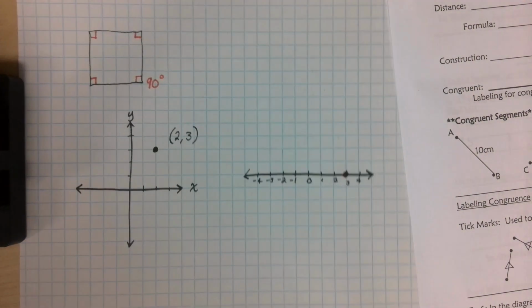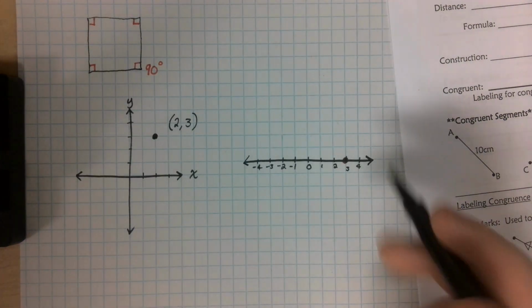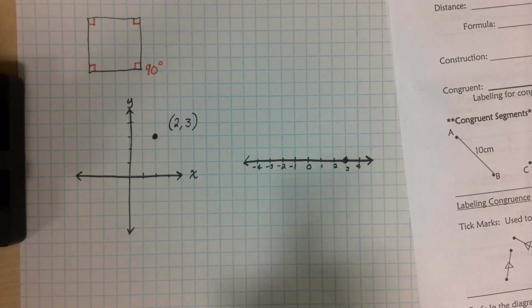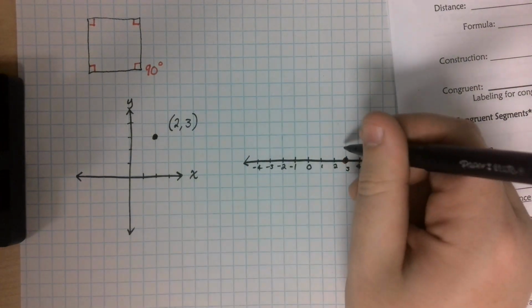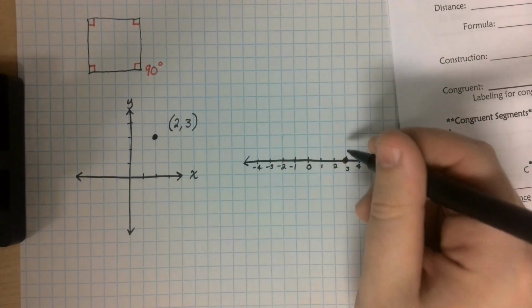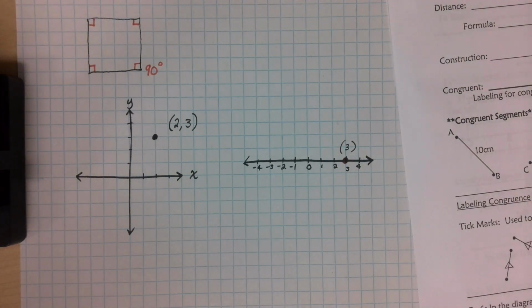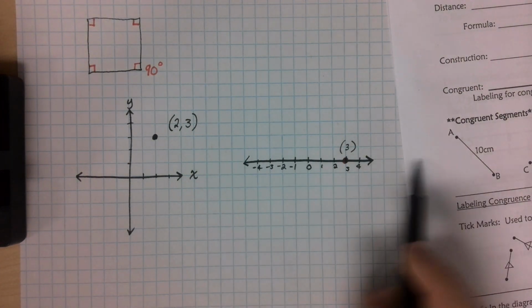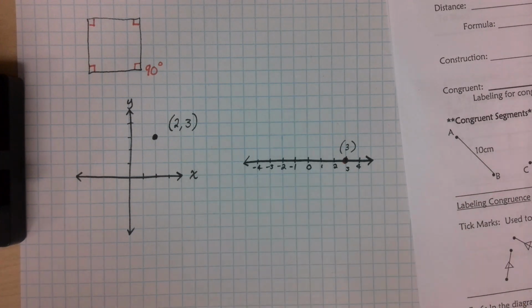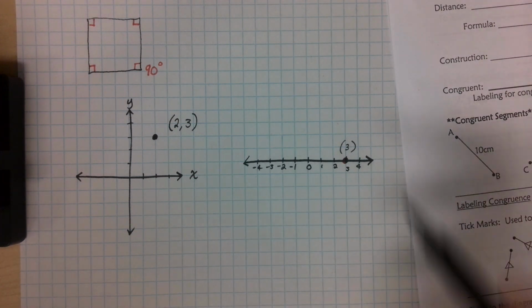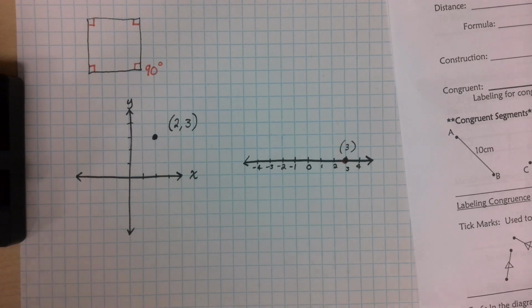And so when we're talking about coordinates on the number line, there's only really one number tied to each point. So we don't need to list 2 points like over here. The coordinate is just 3. There's only one direction, it's left and right, so there's only one dimension. So you only need one number to describe a coordinate.